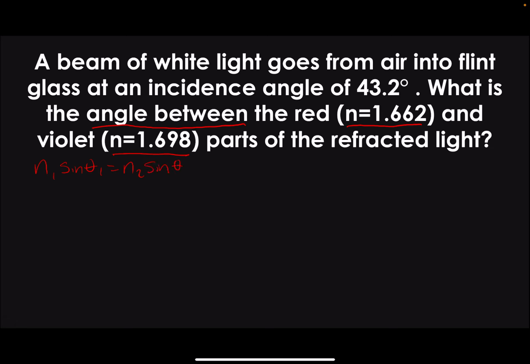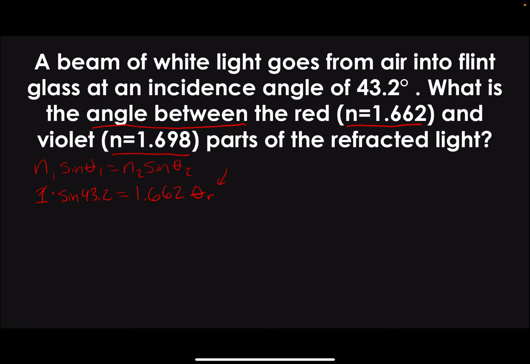We know that we're starting in air at an angle of 43.2 degrees and entering glass, where the index of refraction is this. And so we can find the angle that red goes into it. I'm going to put theta r to denote the angle for red. So sine of 43.2 divided by 1.662 gives us sine of theta r.